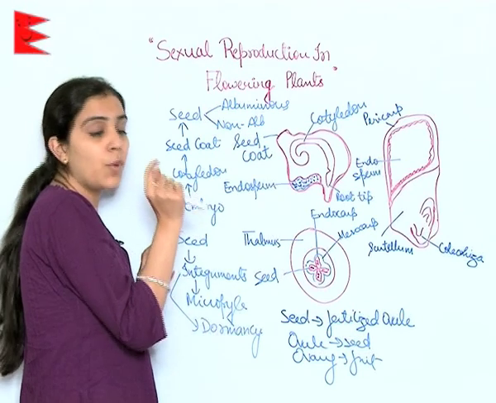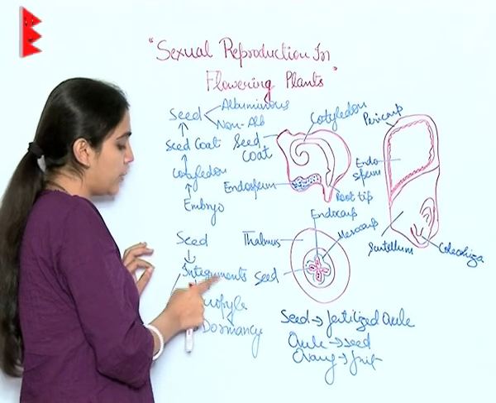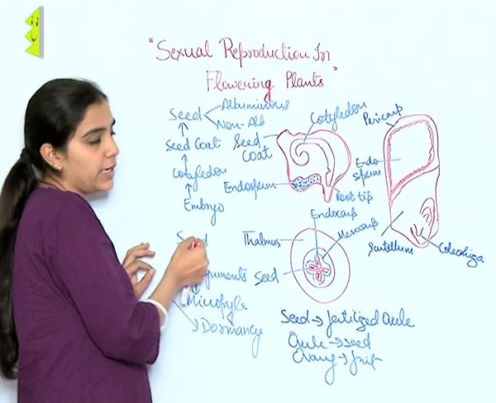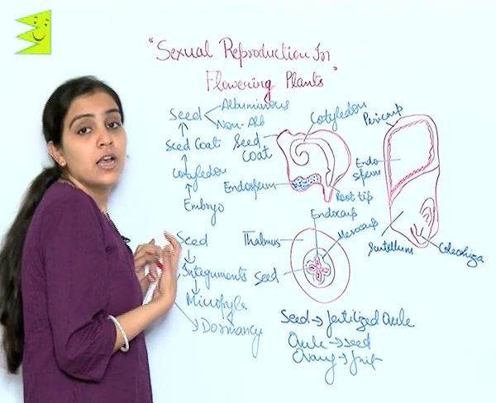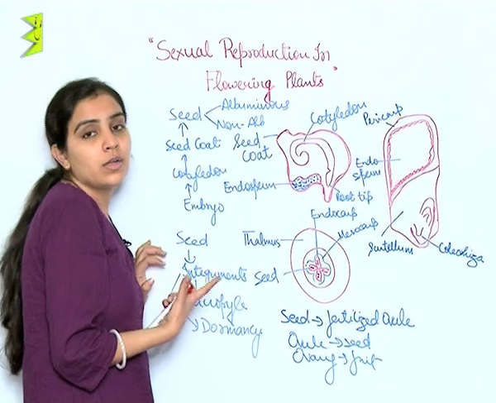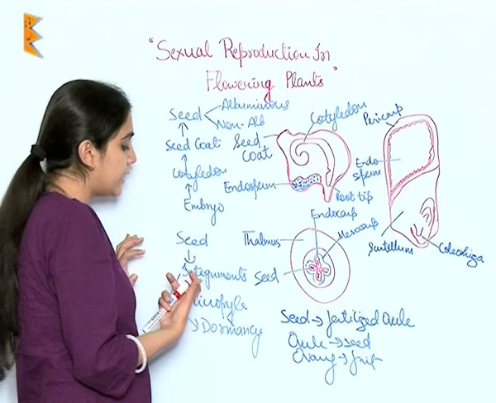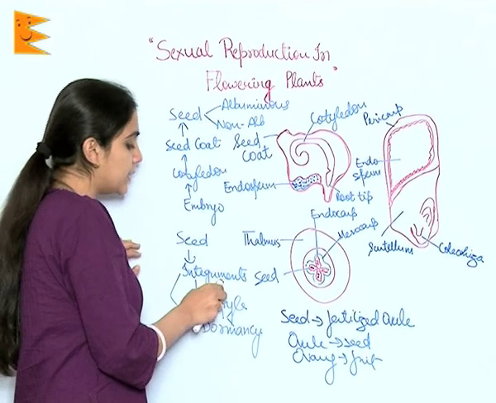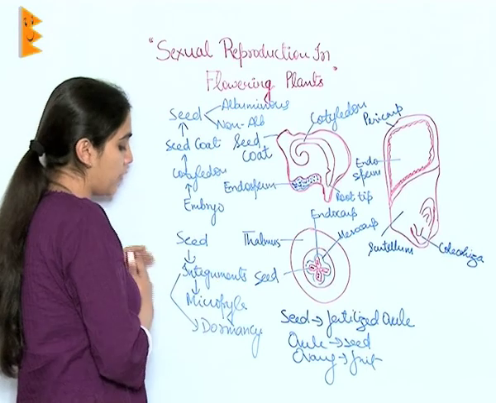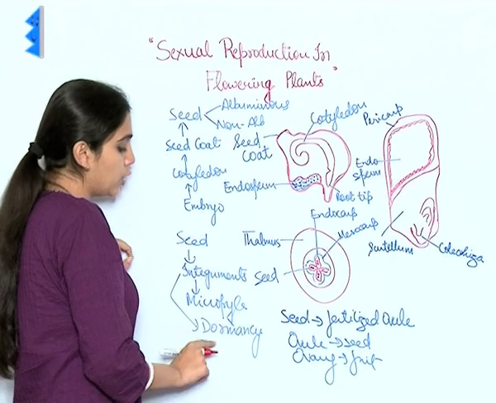Micropyle is a small opening in the integuments which leads to germination of the seed once favorable conditions like oxygen, water, sunlight are present. Due to this hard coat or covering, seeds can undergo dormancy.